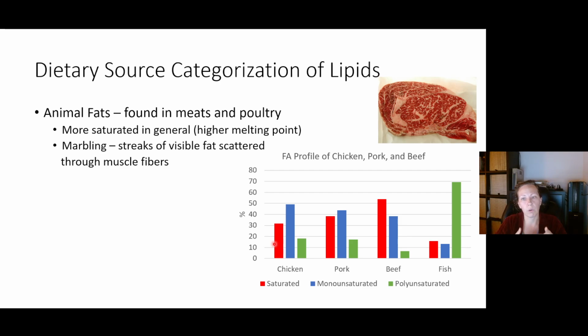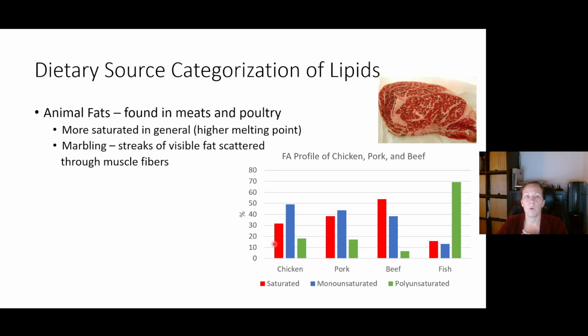So in general, animals produce the most saturated fat, the highest saturation level that they can achieve, while still being relatively liquid at their normal body temperature in their normal environment.